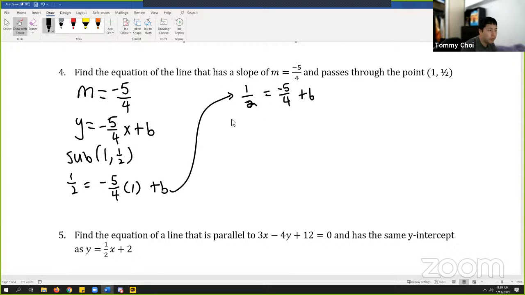Moving the negative 5/4 to the left side will give us 1/2 plus 5/4 equals b. And solving this here, 1/2 can be converted to 2/4 for a common denominator, multiplying it by 2.